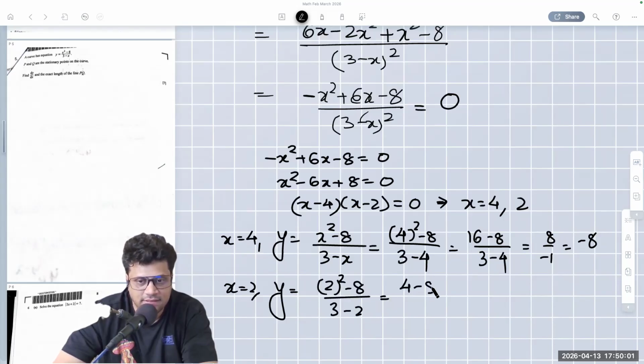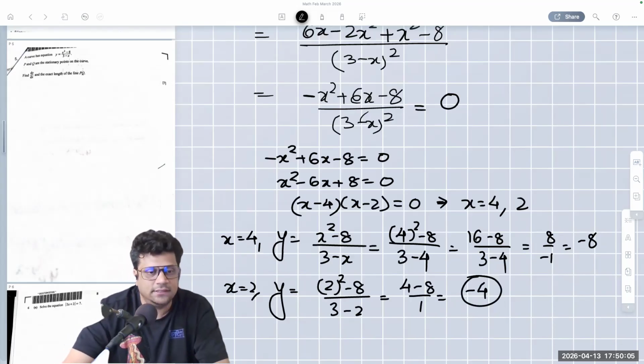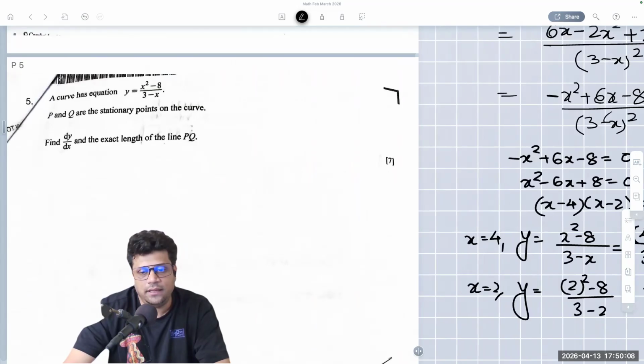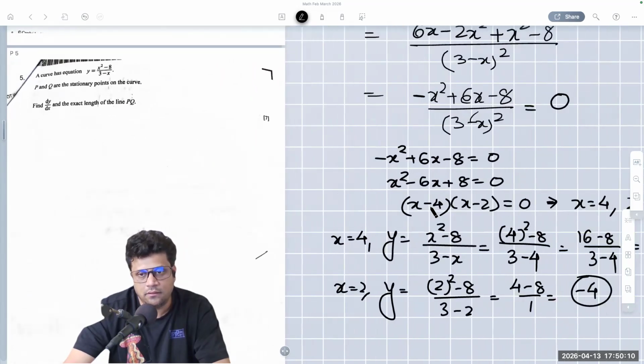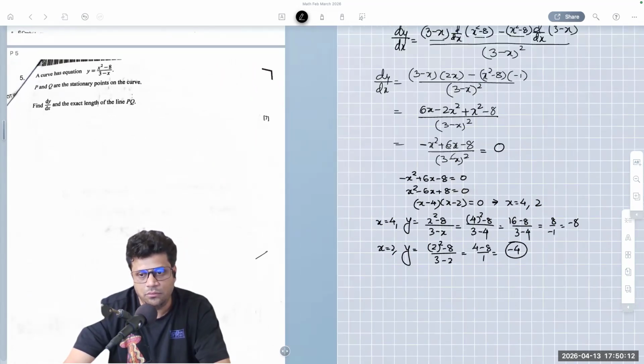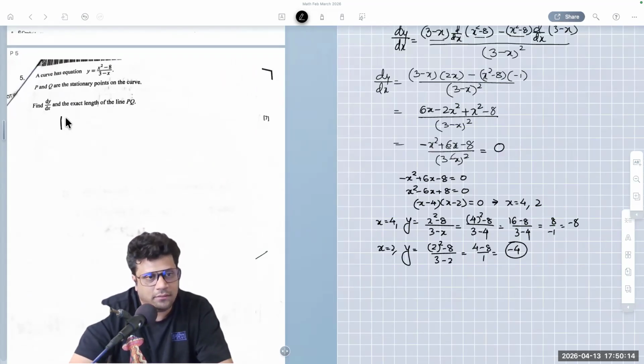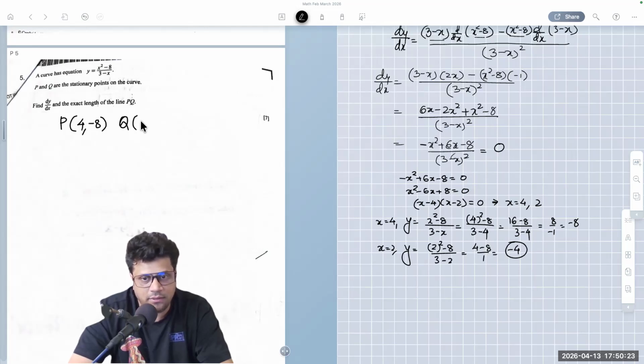That's 4 minus 8 divided by 1. That's minus 4. Okay, so the coordinates come out to be for PQ: P, x equal to 4 and y equal to minus 8, and Q is going to be x equal to 2 and y is minus 4.